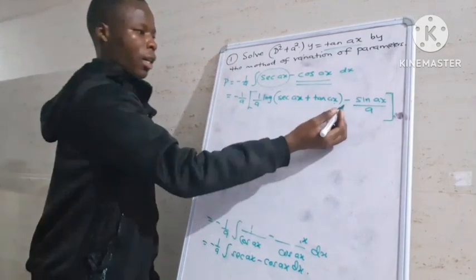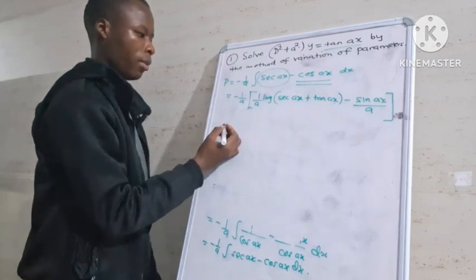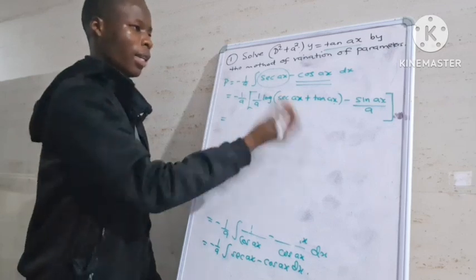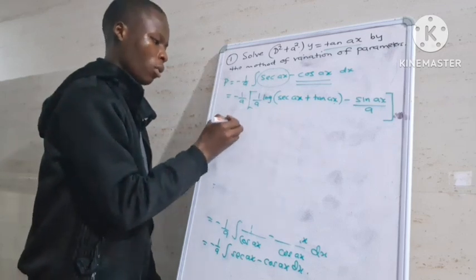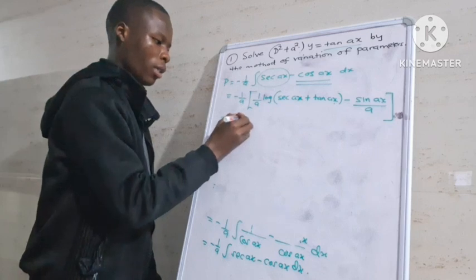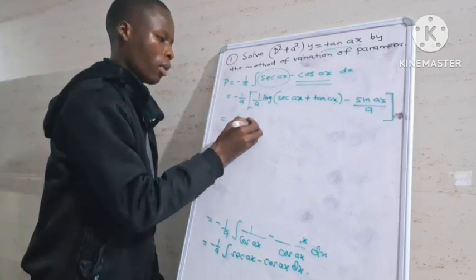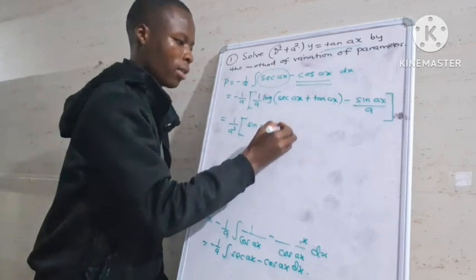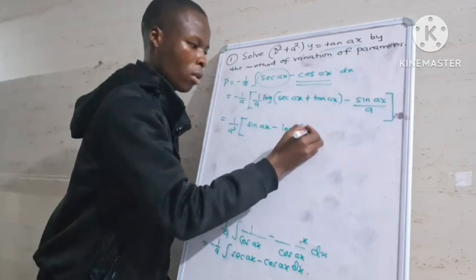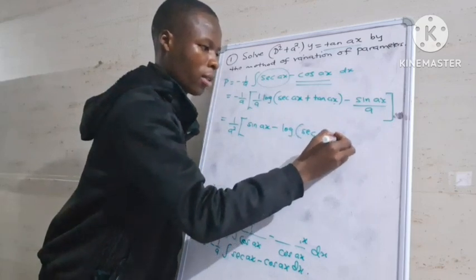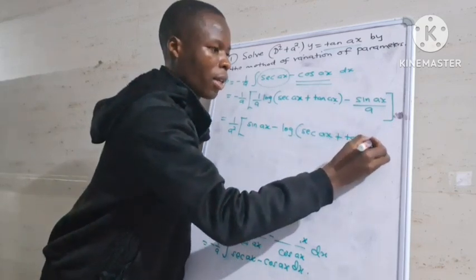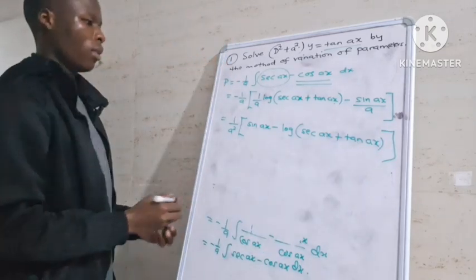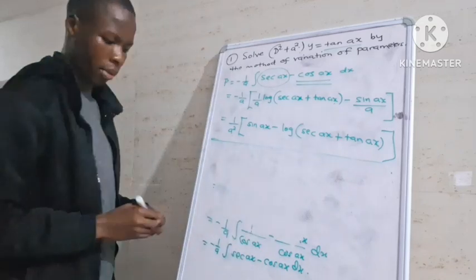Factor out 1 by a. Factoring out negative 1 by a, this becomes 1 by a squared into (sin ax minus log (sec ax plus tan ax)). So this is the value of P.